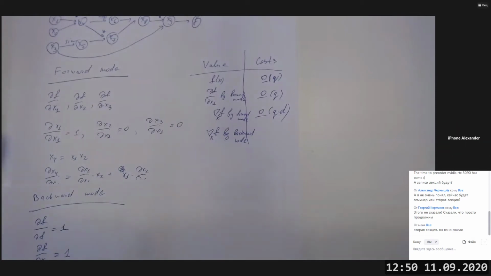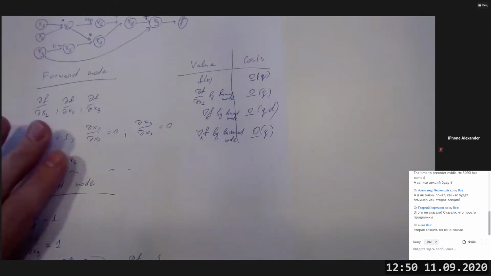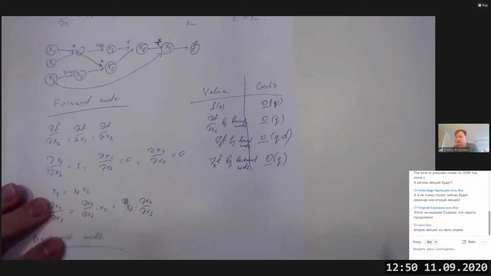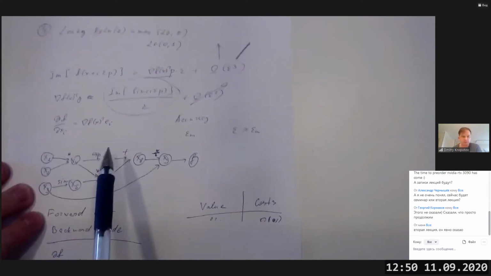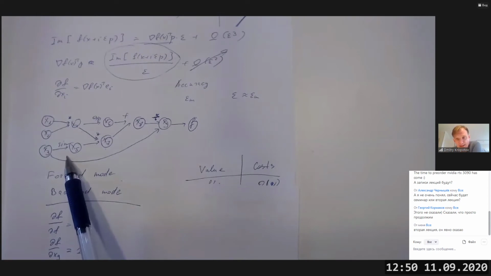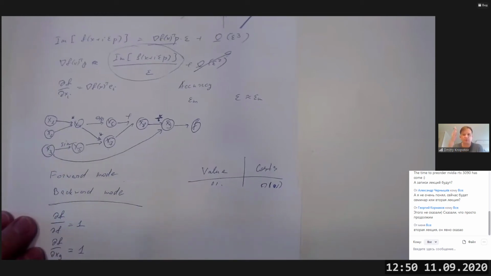It's O of Q. Yes. So it does not explicitly depend on the dimension of our input space, because for the backward mode, we go through our computational graph only once from right to left, and on the last step, we already have not just one partial derivative, but all the required partial derivatives.